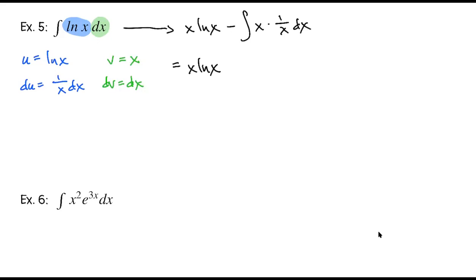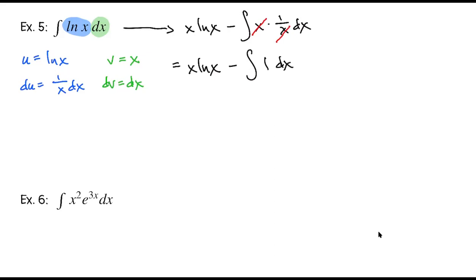But one of the things that you're going to find is going to be a real benefit to you in Calc 2 is looking to use algebra, not illegally, but appropriately, to simplify. So for example, I see x times 1 over x. Those reduce to 1.